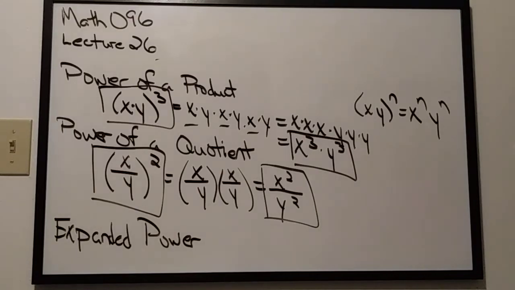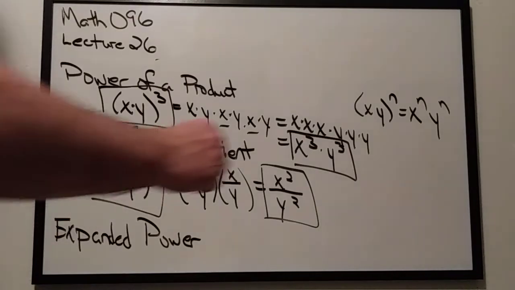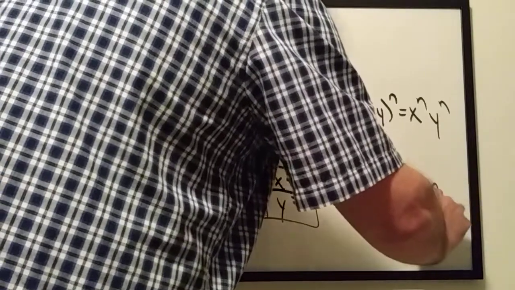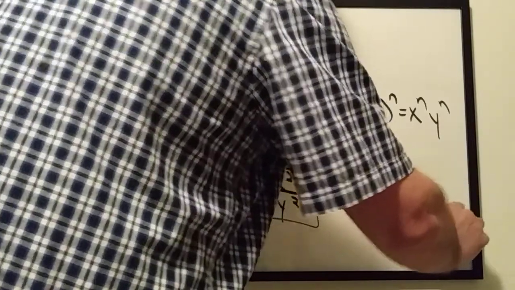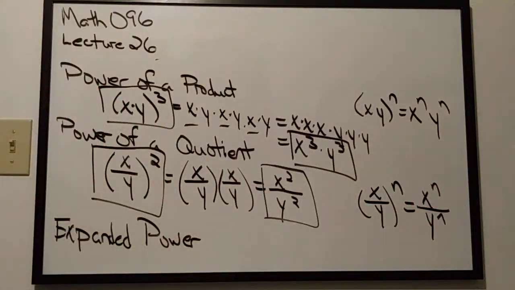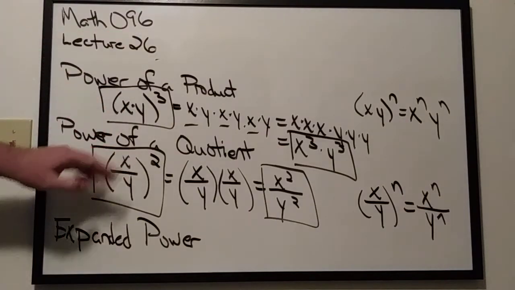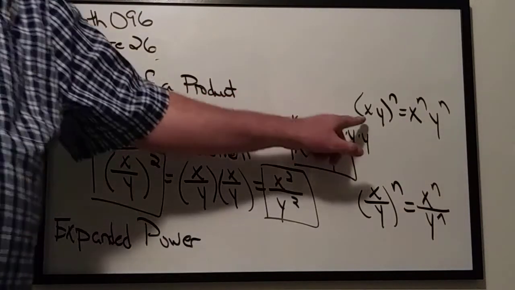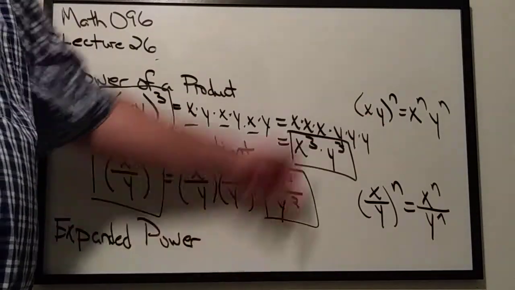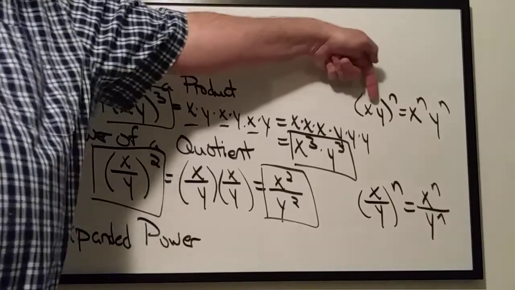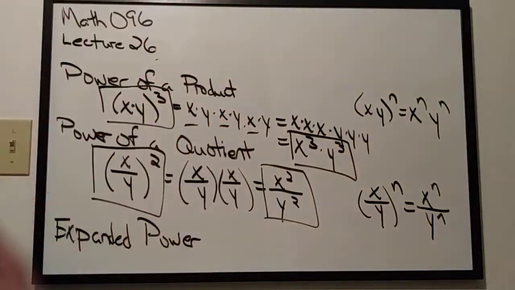So in a general sense then, if we have x divided by y to the nth power, that's going to be x to the nth divided by y to the nth. So as you look at these two pieces then, the power of a product and the power of a quotient, if the x and the y are connected by multiplication and you have a power of n on the outside, you can bring that power of n down to both of those factors.